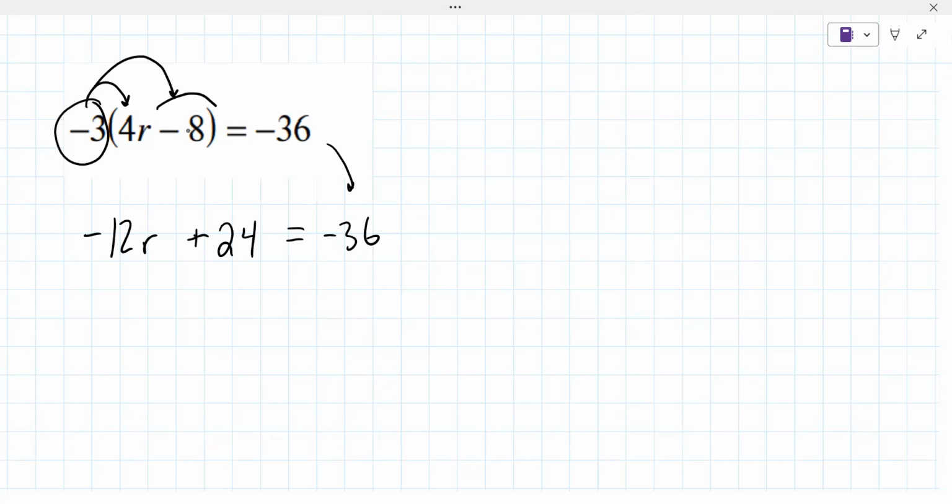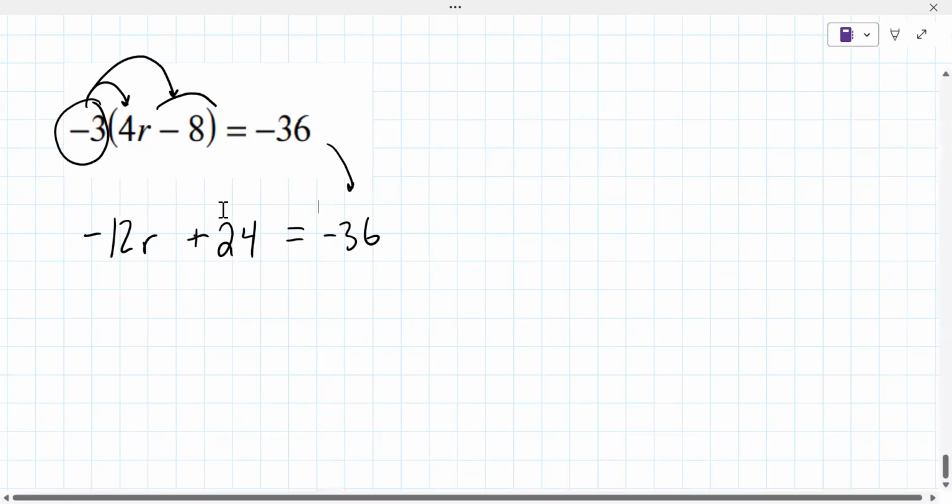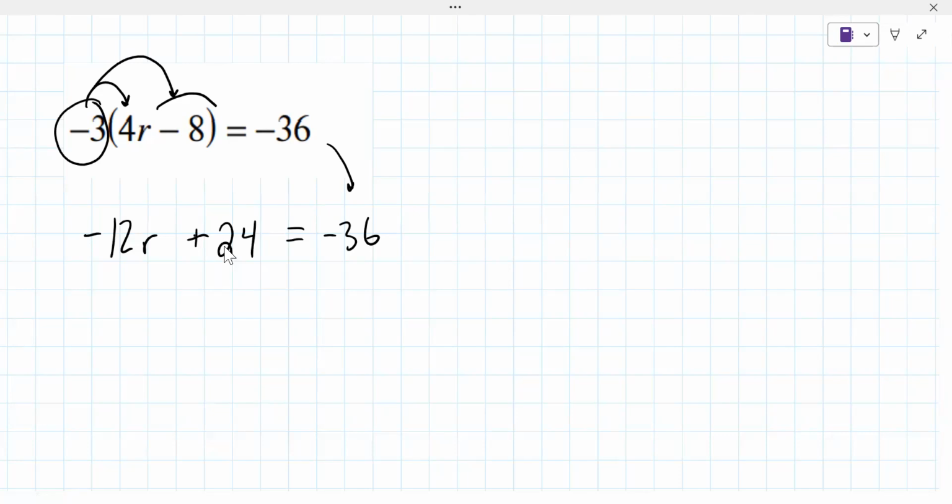That's right. And so now this is a problem just like what we've been doing. It's a two-step problem. What do you undo first? -12 multiplying by r or adding 24? Wouldn't you subtract 24 because it's a plus? Yes.